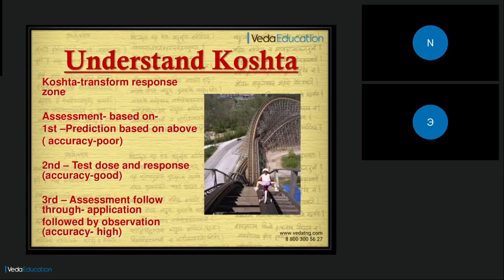So in different diseases, when we have a Samprapti, you have a different assessment at different levels. Level 1 is you plan or predict that, okay, I'm giving this medicine in this stage of Samprapti, so I'm going to get this type of response. Here the accuracy is generally poor, but as you become a more experienced person, accuracy becomes better.